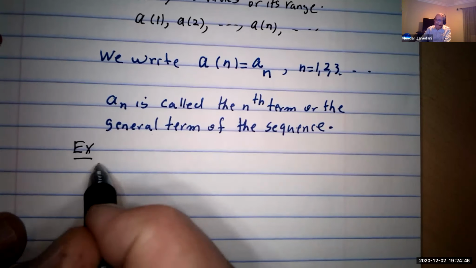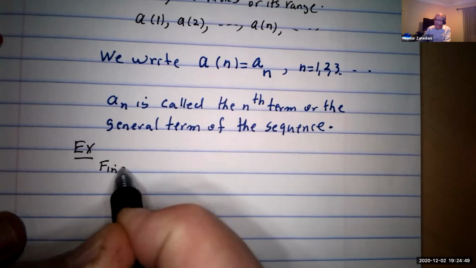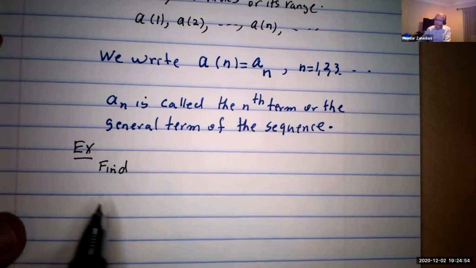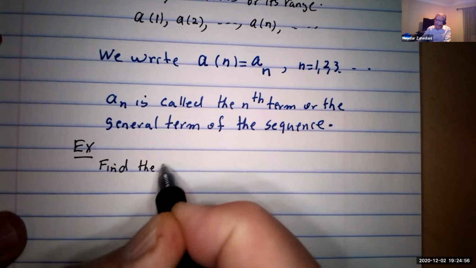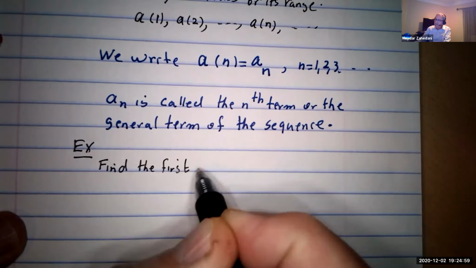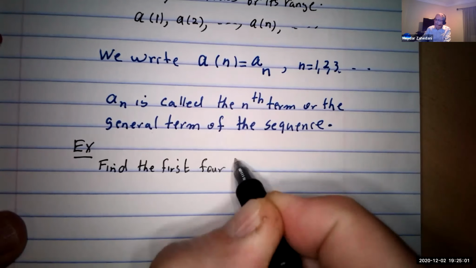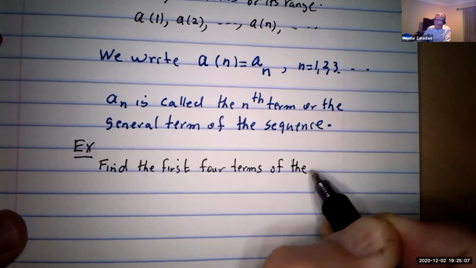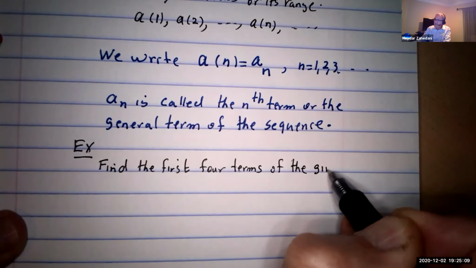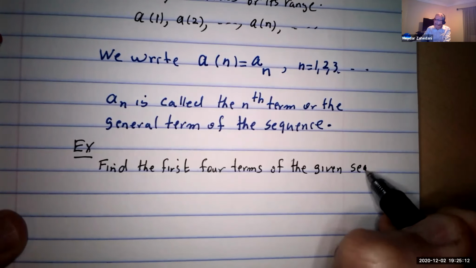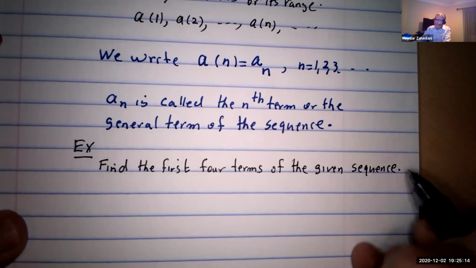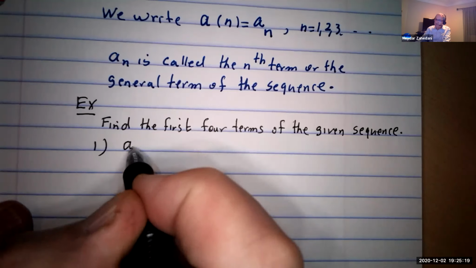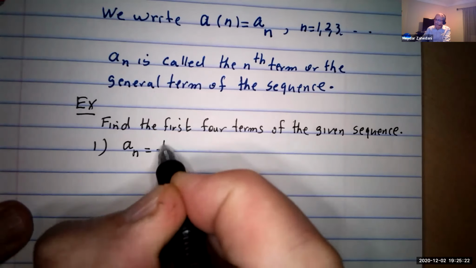If we give you one question, we may ask you to find or list the first, let's say, four terms of the given sequence. For this sequence, the general term would be given to you. For example, you may be given a sequence with this general term, 1 over n.